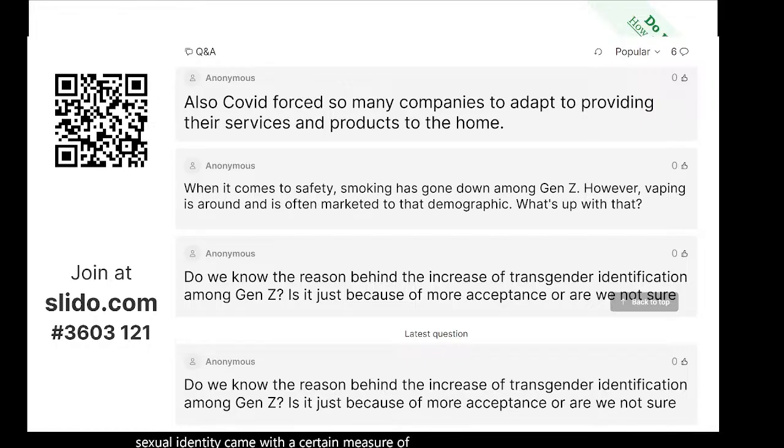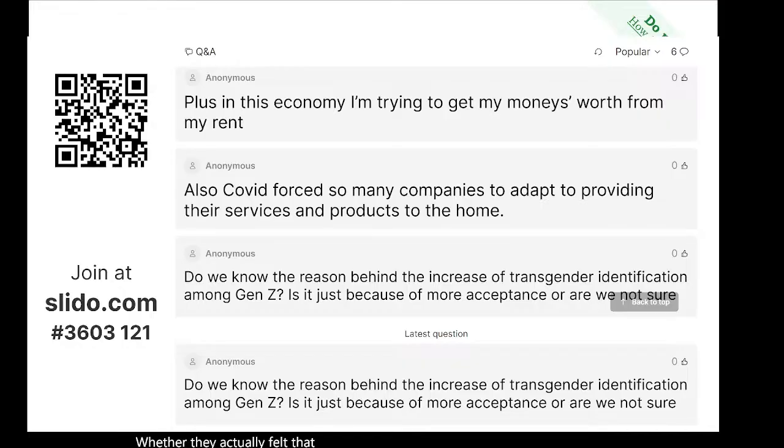So a lot of people started to identify that way, whether they actually felt that way or not. I remember one person putting it that the worst identity for a teen girl right around 2020 was being straight and white, because that made you boring. You were kind of like vanilla ice cream, incredibly popular, but also incredibly dull. And teenagers don't want to be incredibly dull. So there may have been some identification.